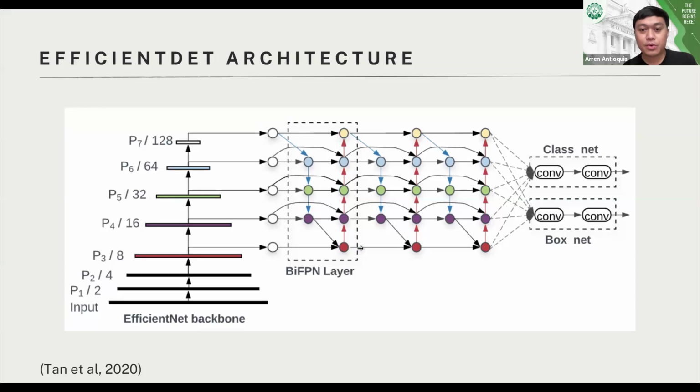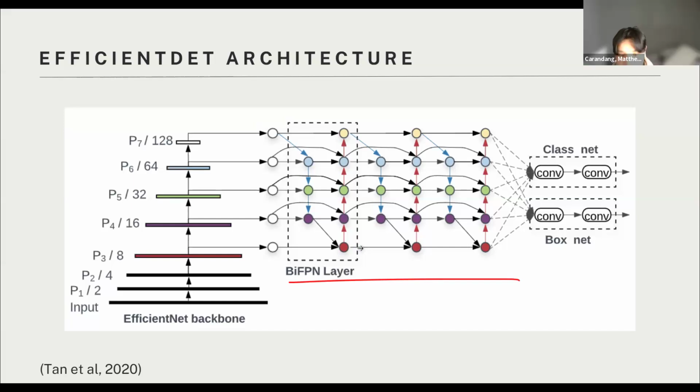Maybe to add to that, because I think the question is directly asking whether the BiFPN that we're seeing here is considered a skip connection. I think there are parts in the BiFPN architecture that have skip connections. Am I correct, Ryan? Yes. That's what you were trying to say earlier. Yes, po.